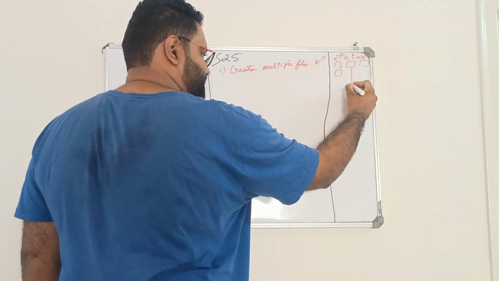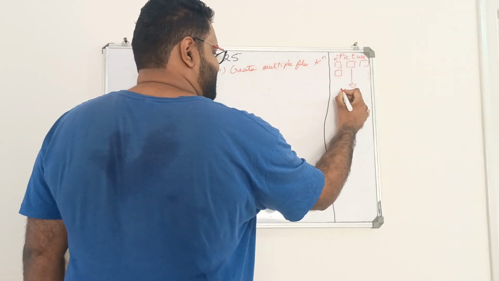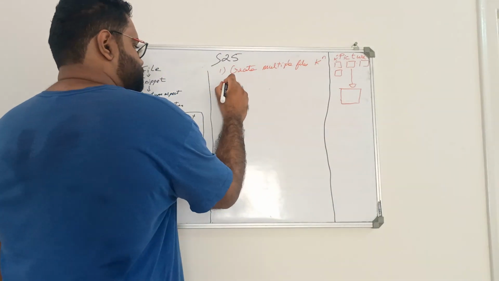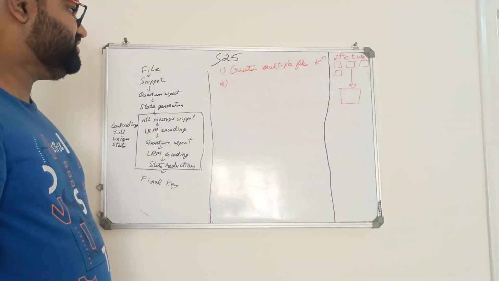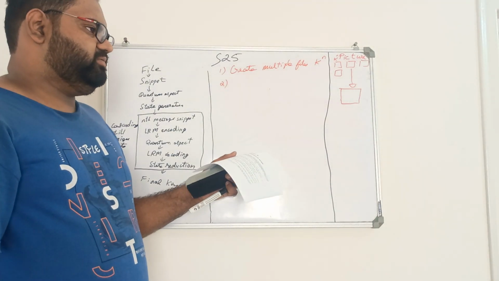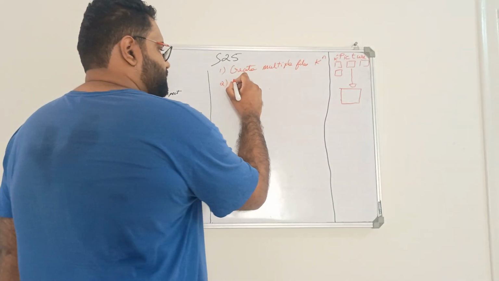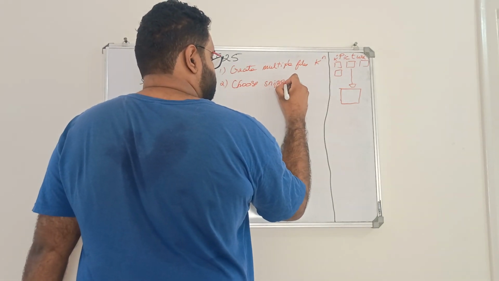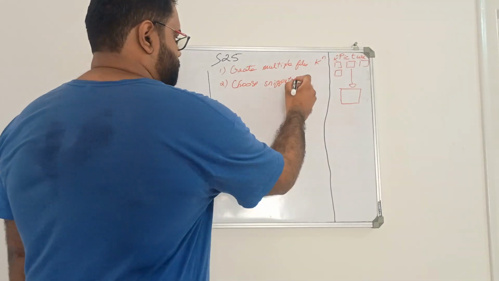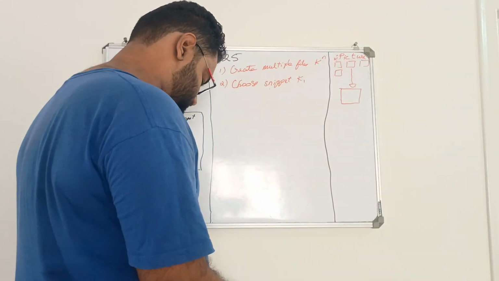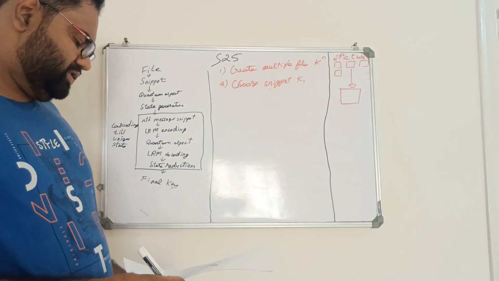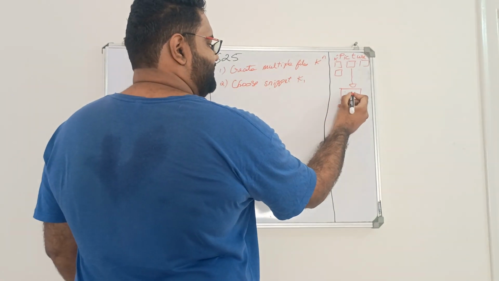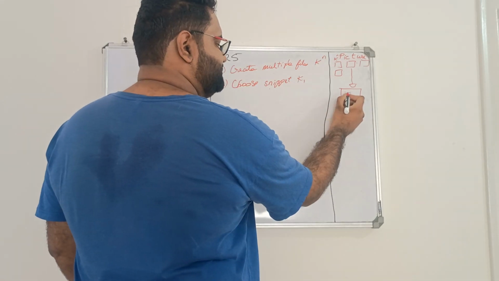Let's say I choose this particular one, and I enlarge it. The second step is I choose a snippet and call it K1. What this looks like here is I'm going to start somewhere and end somewhere. I'm going to choose this as my K1.